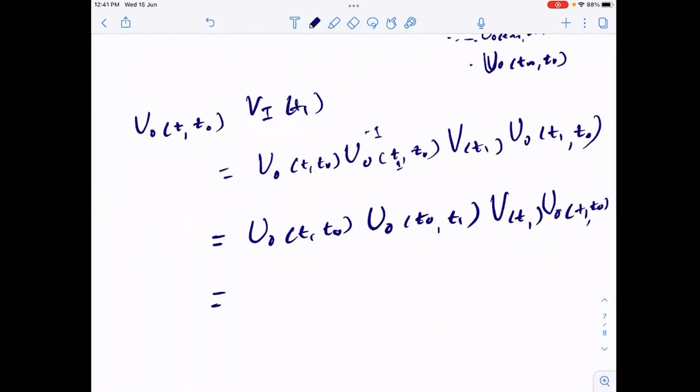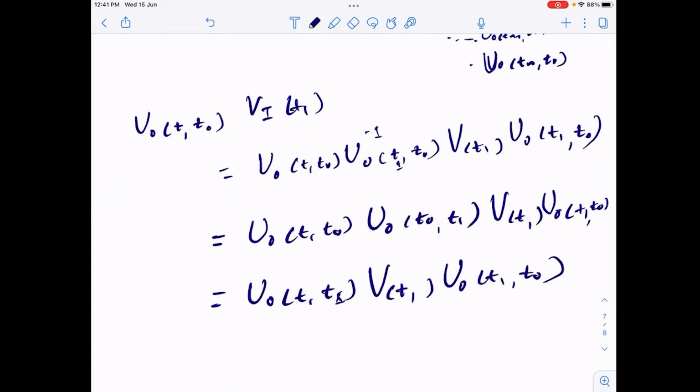So this will turn out to be unitary operator U0 T1, potential T1, U0 T1 T0. So that is our U0 T0 Vi T1.